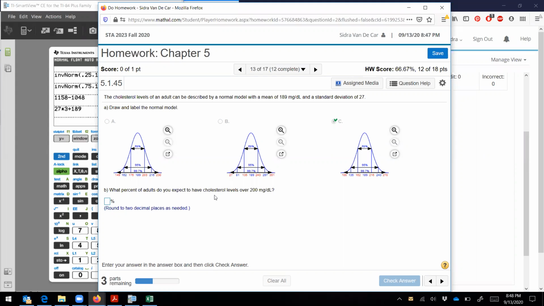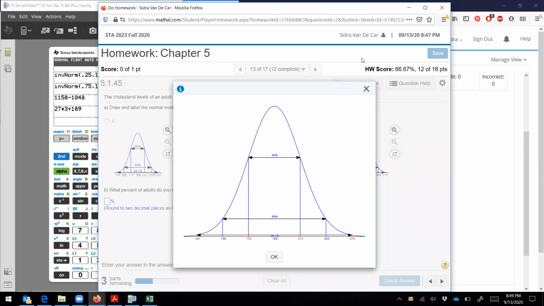What percent of adults do you expect to have a cholesterol levels over 200? So what I'm doing here is we're saying 200 right here. Well, no, not there, sorry. 200's right here. So I want to know the percentage going this way. So I'm going to do the normal CDF.